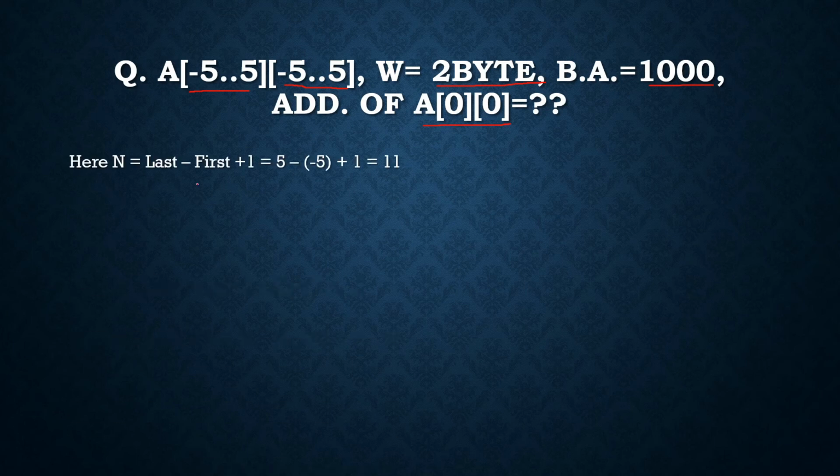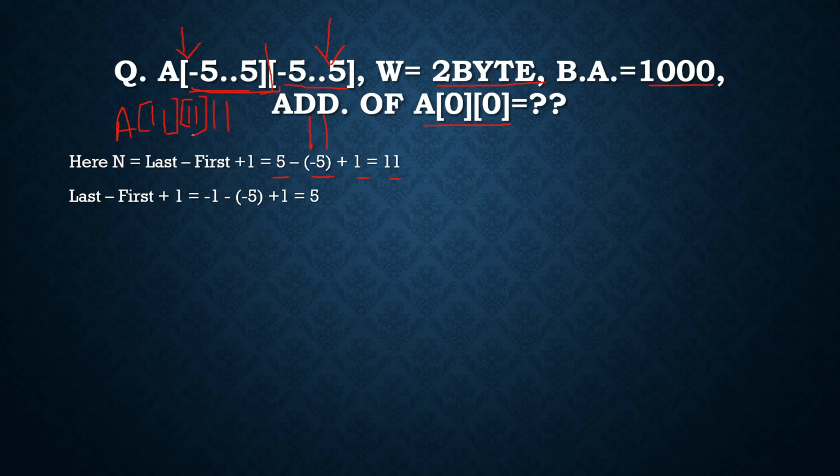So we find the number of elements in one dimension. -5 to 5: 5 minus -5 plus 1 is equal to 11. This dimension contains 11 elements and the other also contains 11 elements. So that is an 11 by 11 array.